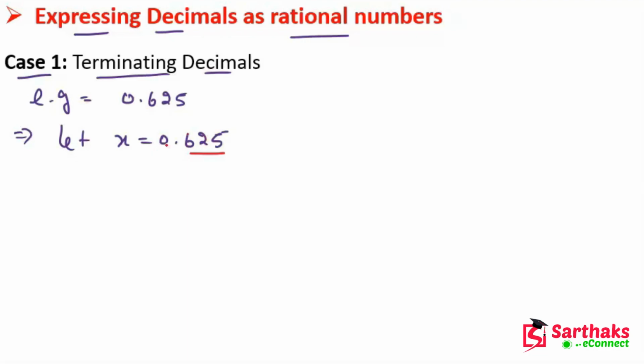So now we have to multiply by 1000 in the numerator and in the denominator also.